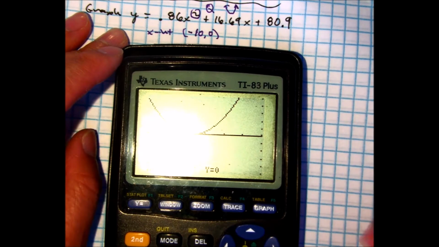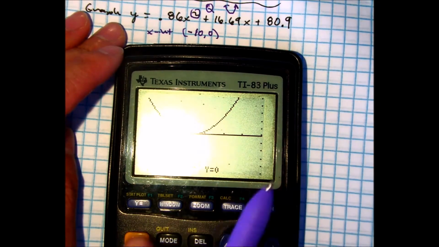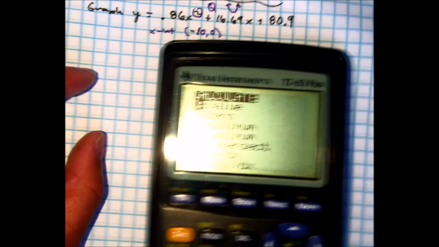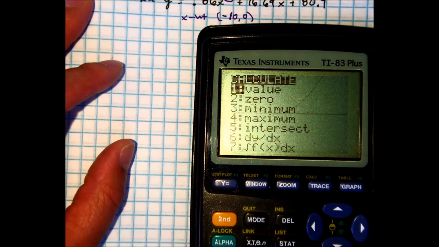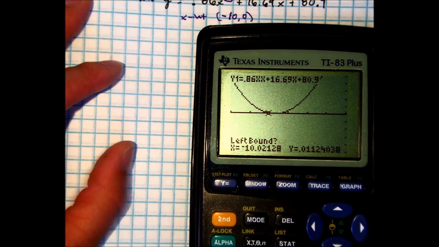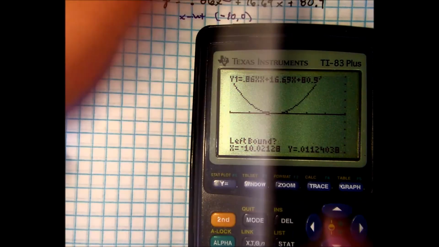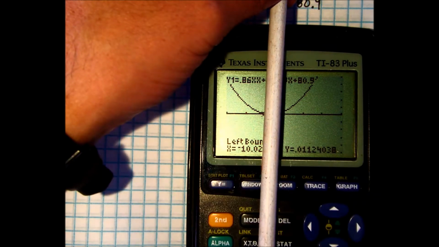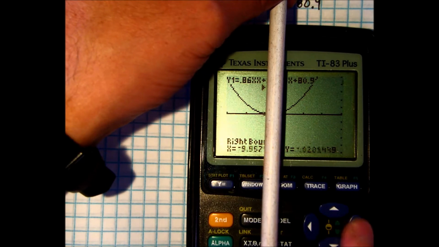Class, what buttons do I press? Second trace. Now what? Number 2. Again, I think on this other side it kind of touches right there, right? So I'm already on the left of the pencil, so I press enter. I'm going to go to the right of the pencil.